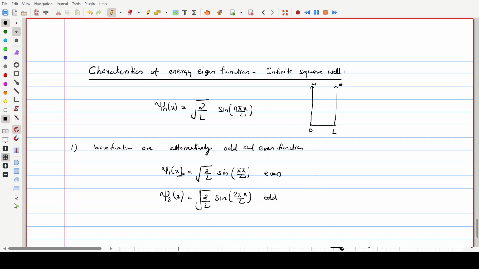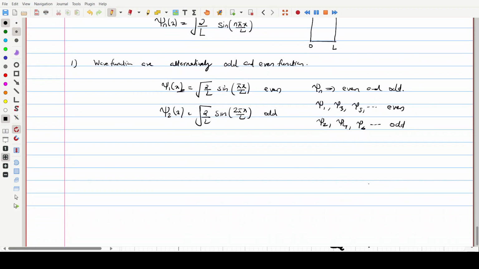So alternately the psi n become even and odd. So all psi 1, psi 3, psi 5, etc. are even functions, and psi 2, psi 4, psi 6, all these are odd functions.